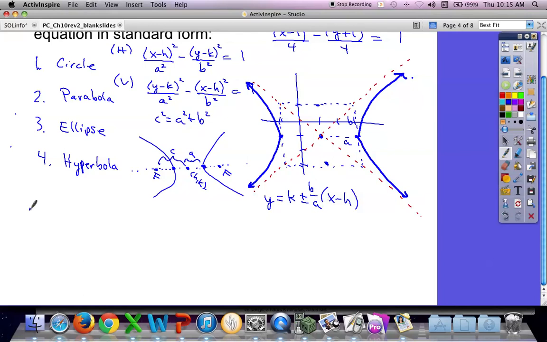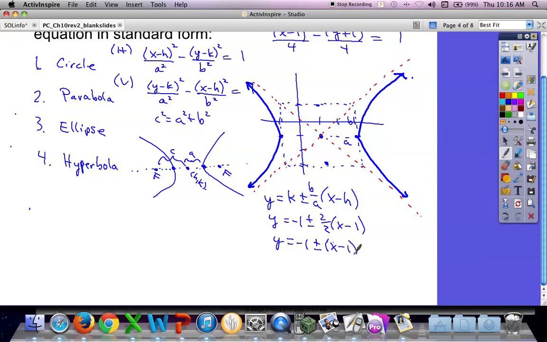Now, as long as I got that straight, I know all the rest of this, right? The (h, k) is the center, (1, -1). The b and the a are both equal to 2, so plug it in. So y equals negative 1 plus or minus (x minus 1).